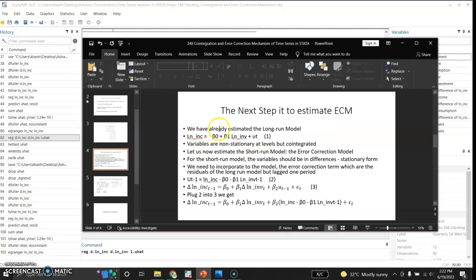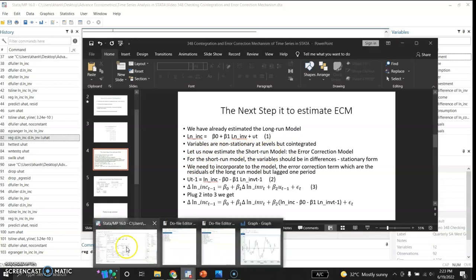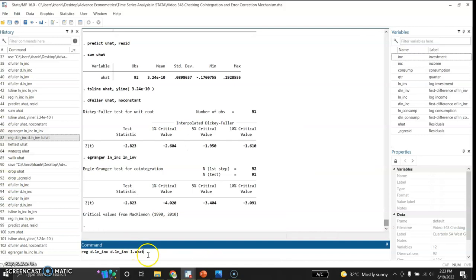We will regress this in the long run, and these variables are non-stationary at level but cointegrated. Now let us re-estimate the short run model. So I'll show that in a while. So I'm here. Now this is how we regress the short run model.